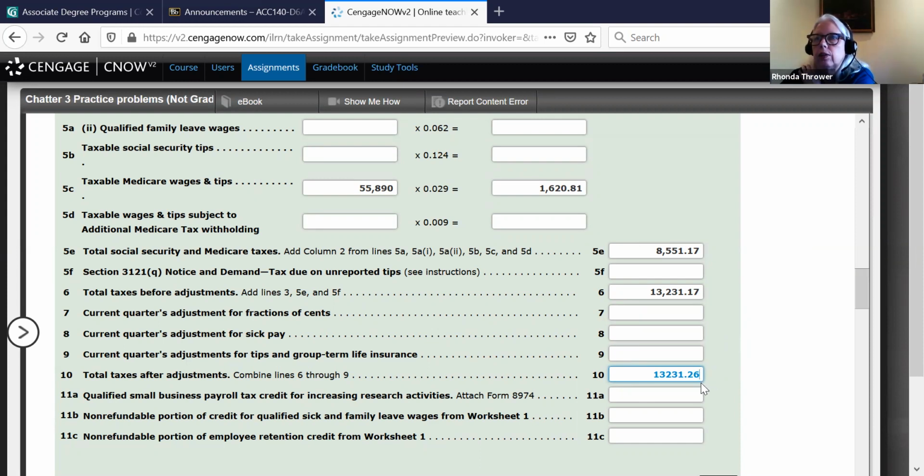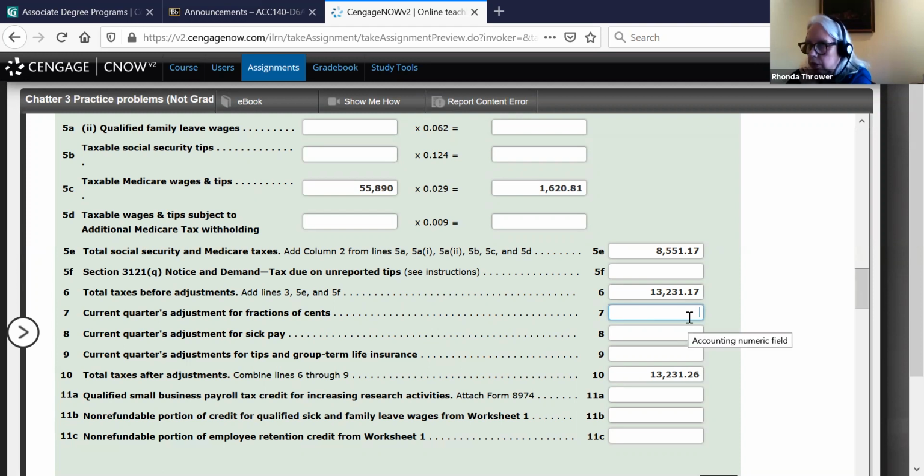So you're going to find the difference. You're going to subtract what's in line 10 from line 6 to see what the difference is. There's a 9-cent difference. So I got to go back to line 7 because this did not match this.